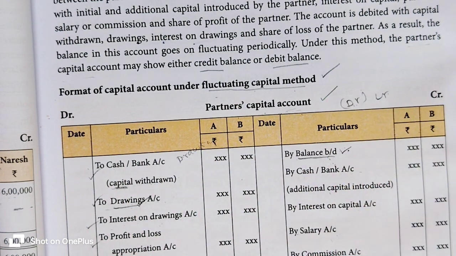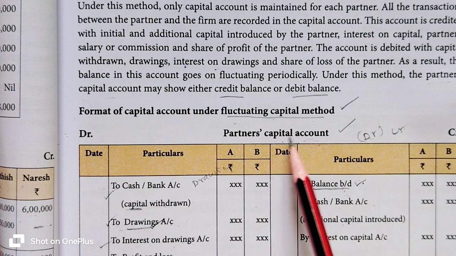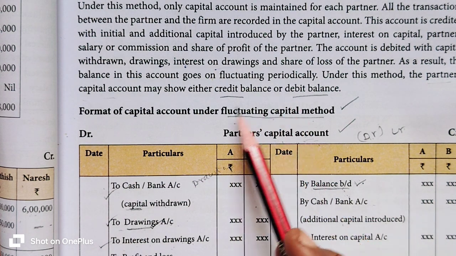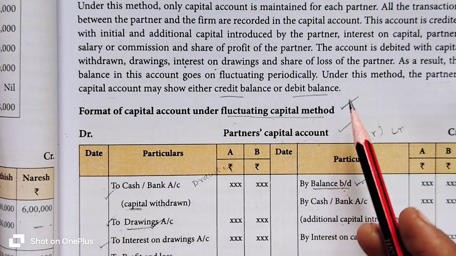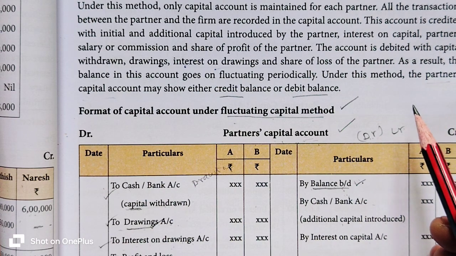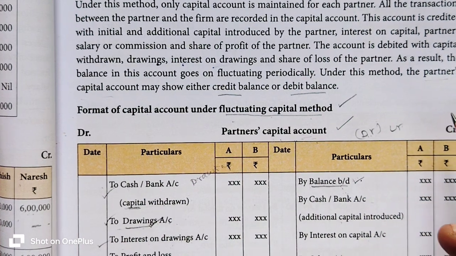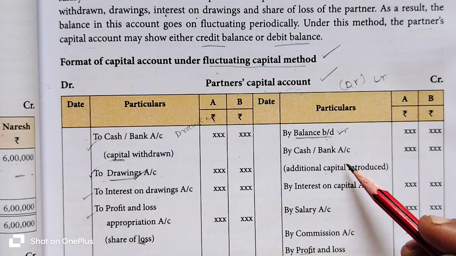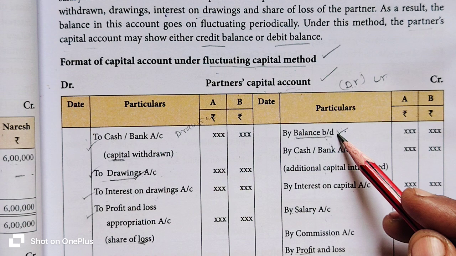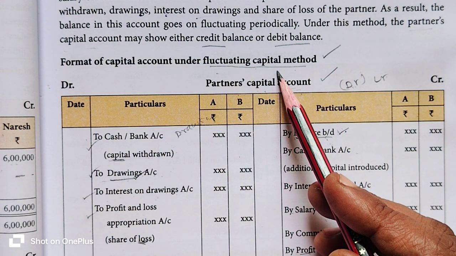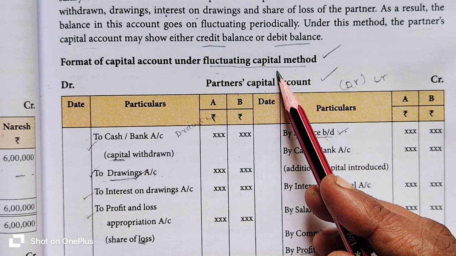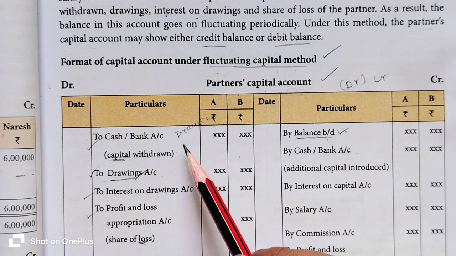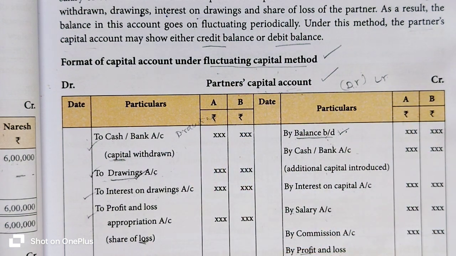Okay, so there is a difference between fluctuating capital and fixed capital accounts. Under the fixed capital method, the capital account is always recorded on credit side, additional capital and opening capital. But under fluctuating capital accounts, it may show either credit balance or debit balance according to the capital.